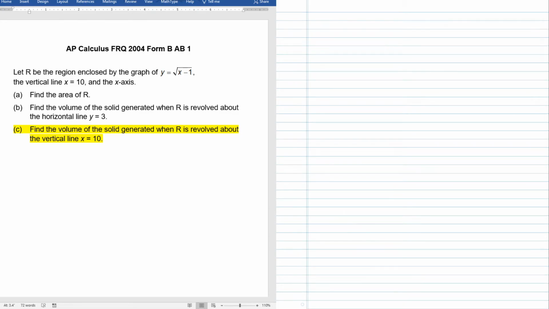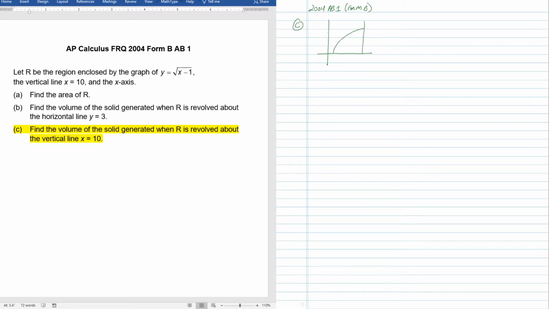Now we're going to do 2004 AB question number 1, Form B, and we're going to do the C question. In this case, let's draw this out. The curve looks like this.